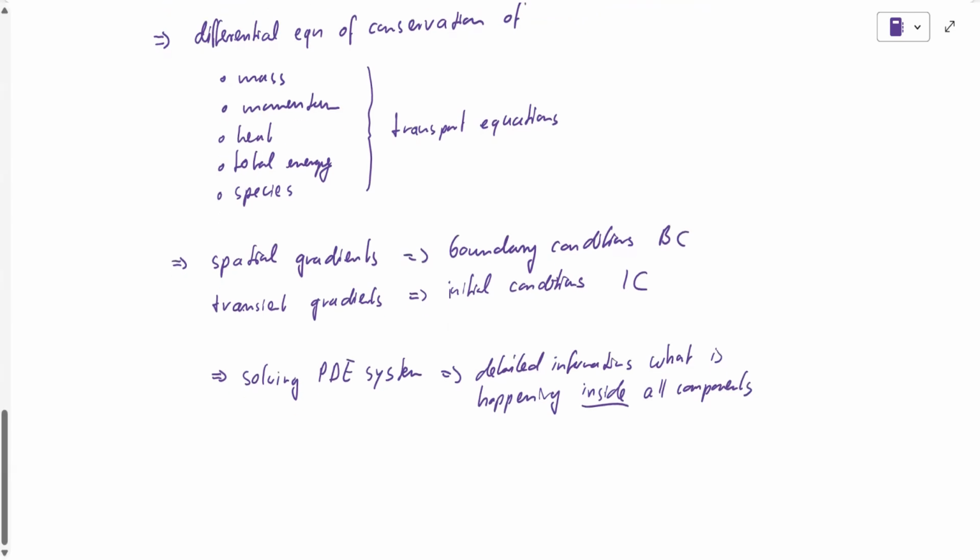So that means if we're dealing with the microscopic length scale and the transport equations, we get the scalar or vector fields of the velocity, the pressure, temperature, and whatever.